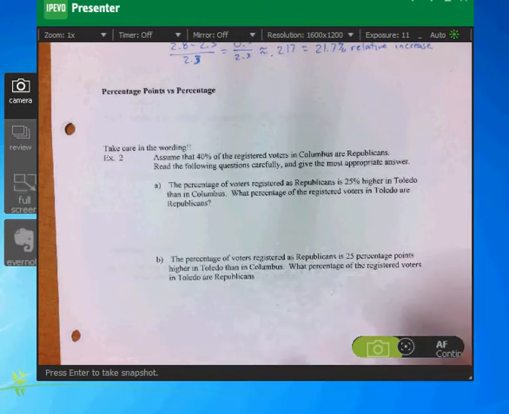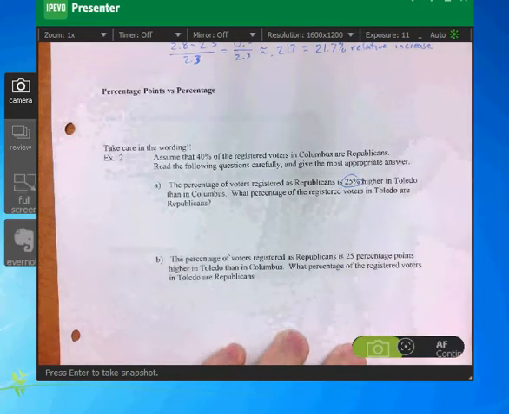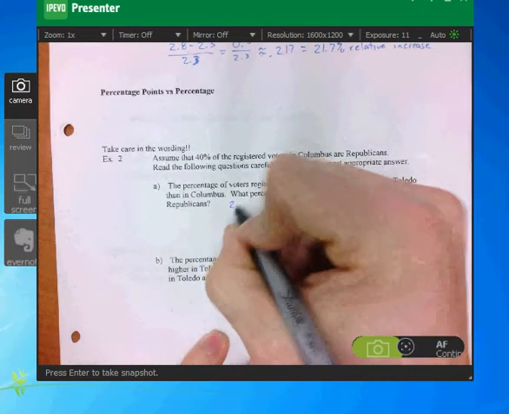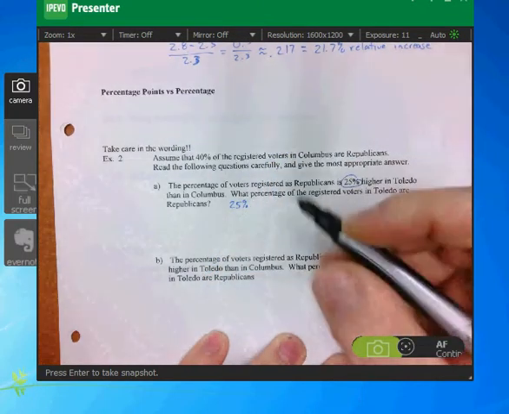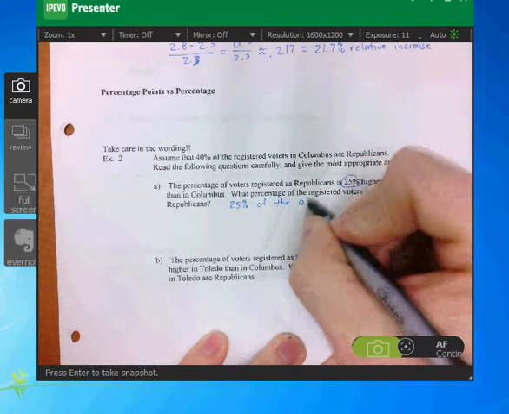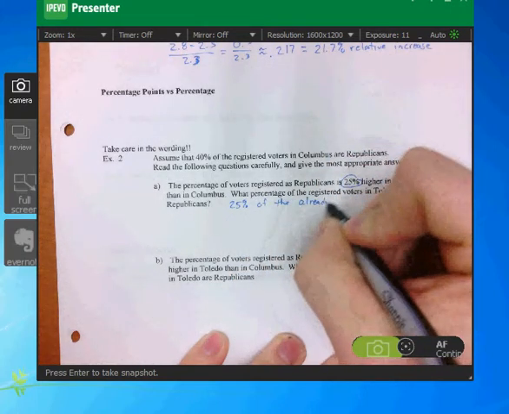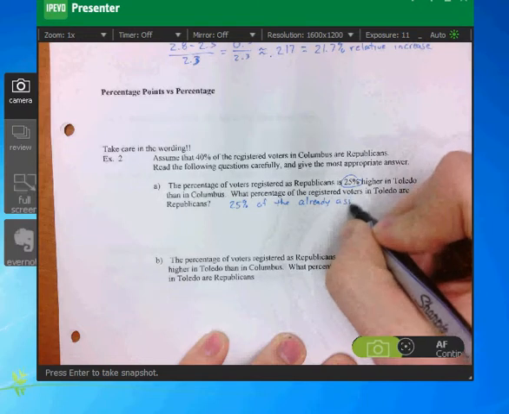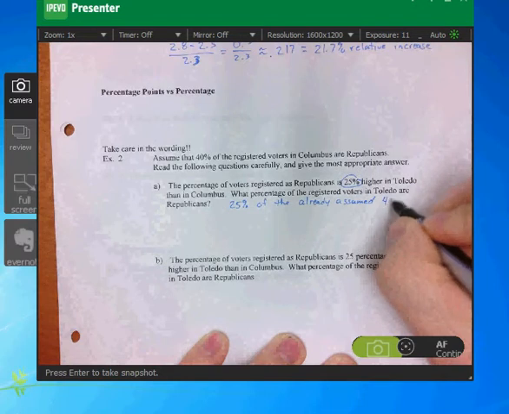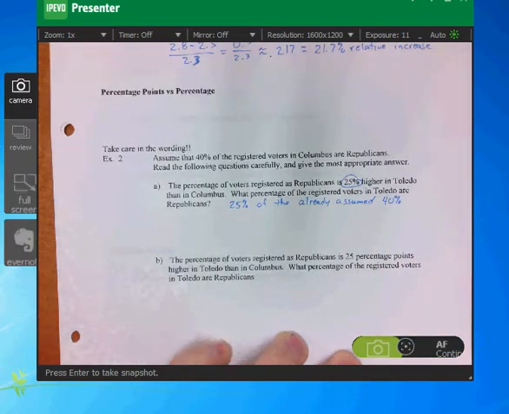Okay, so what we're actually looking for here is 25%. I'm just writing this out here so you can see what we're talking about. You don't have to write this stuff down. So 25% of the already assumed 40%.